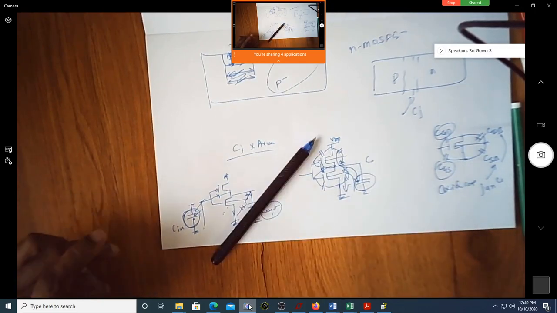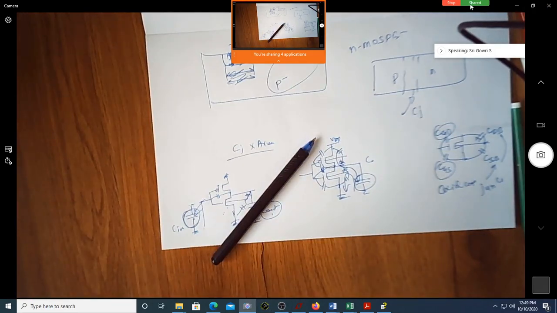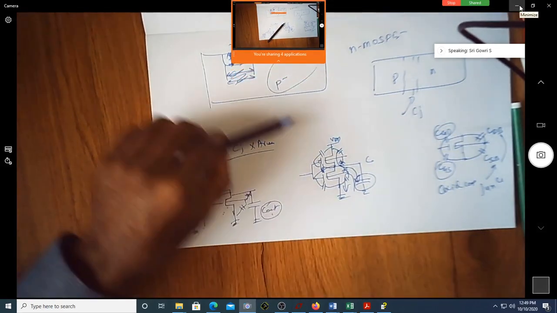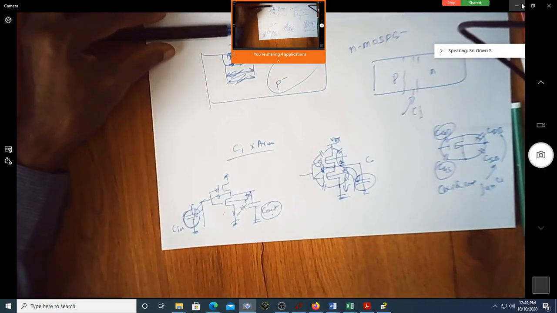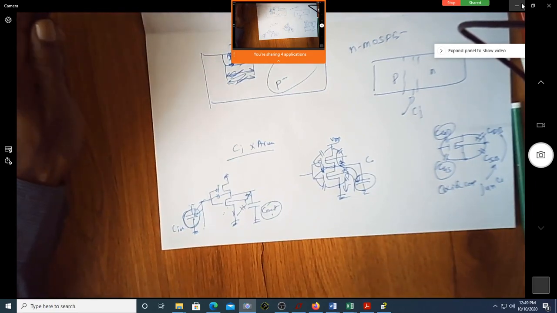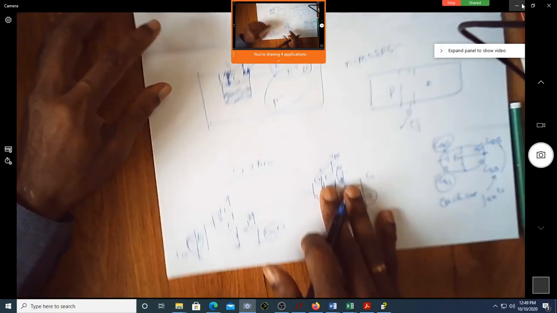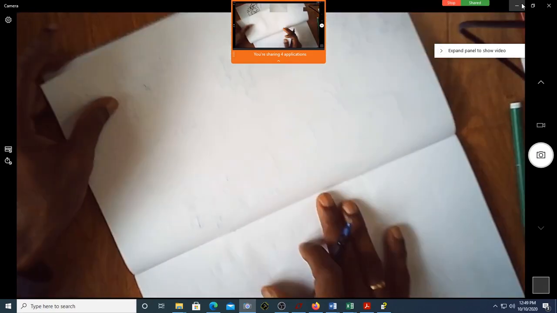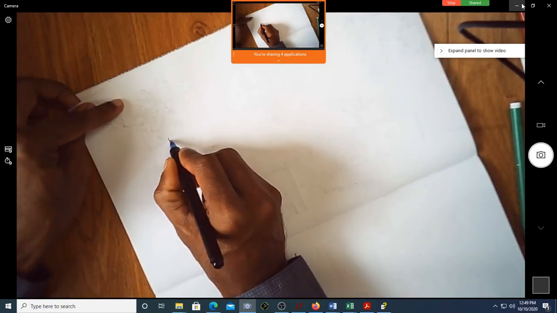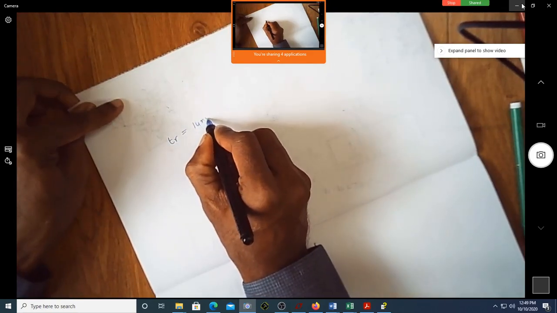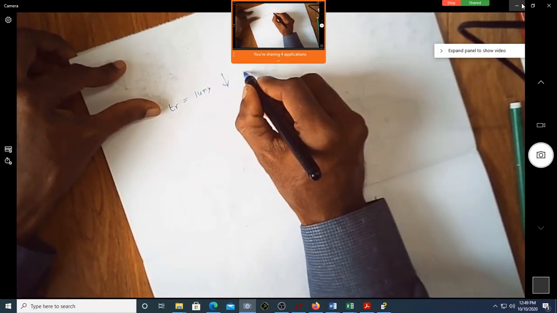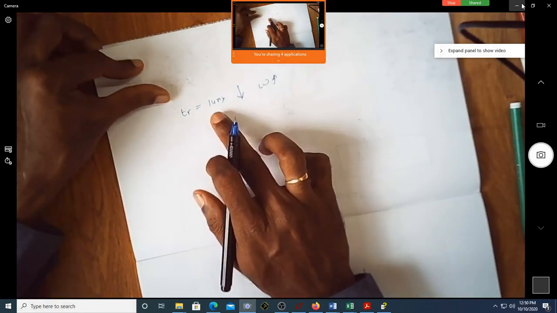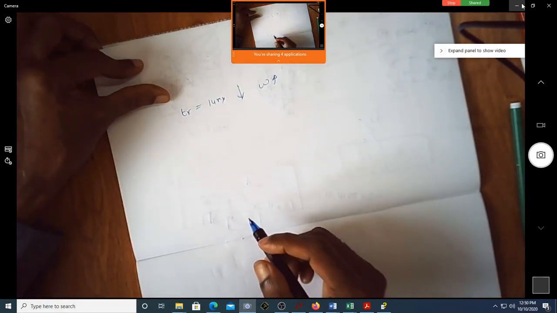When we did the simulation, I think you might have noticed that when we changed the W by L of the transistor along with RP, there was a change in the capacitance also. Suppose your TR was something like 14 nanosecond, or picosecond. If you want to reduce this and increase the width, does the resistance reduce? Yes, sir.